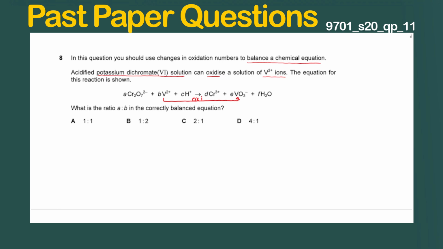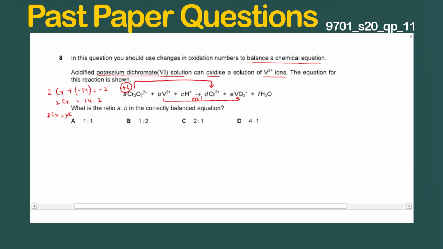So what is the oxidation state change here? That is converting from +6 to +3. How is this +6? Beta, 2 chromium atoms plus 7 oxygen, which is -14, equals -2. 2 chromium equals 14 minus 2, that is 12. 2 Cr equals 12.